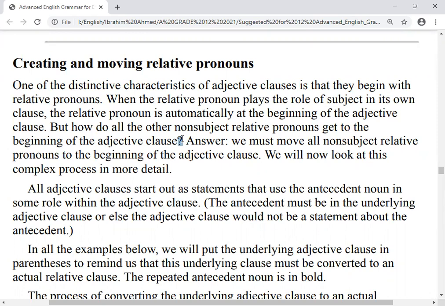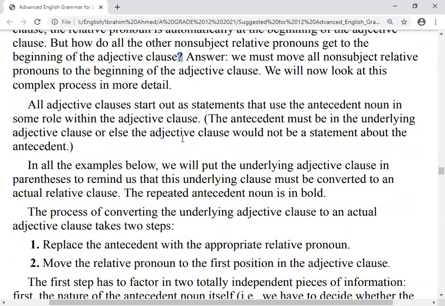We will now look at this complex process in more detail. All adjective clauses start out as statements that use the antecedent noun in some role within the adjective clause. The antecedent must be in the underlying adjective clause, or else the adjective clause would not be a statement about the antecedent.